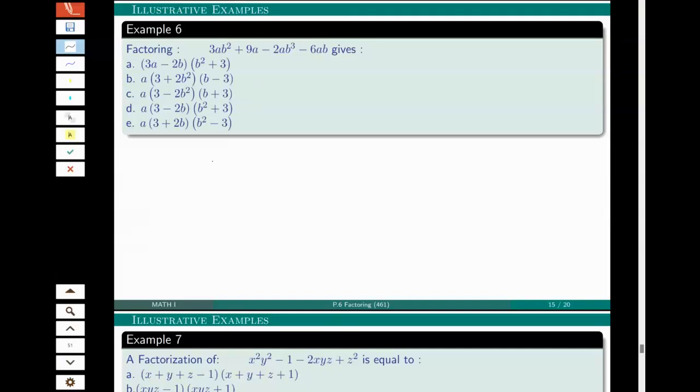Now we have 3ab squared plus 9a minus 2ab cubed minus 6ab.